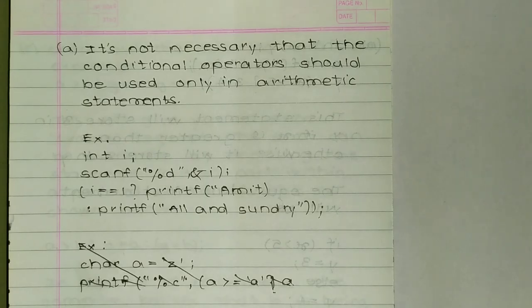That means these are different statements, that is, print Amit or print another statement. So not only arithmetic operations but also the printf command can be used using conditional operators.